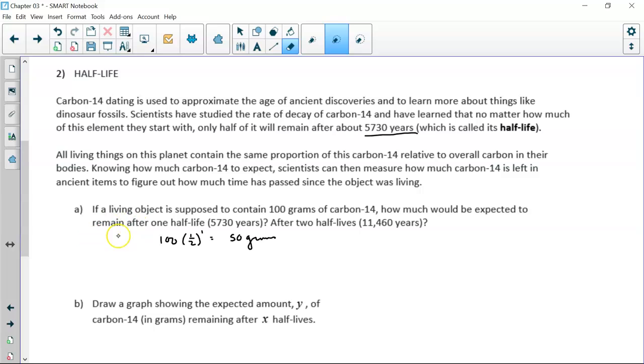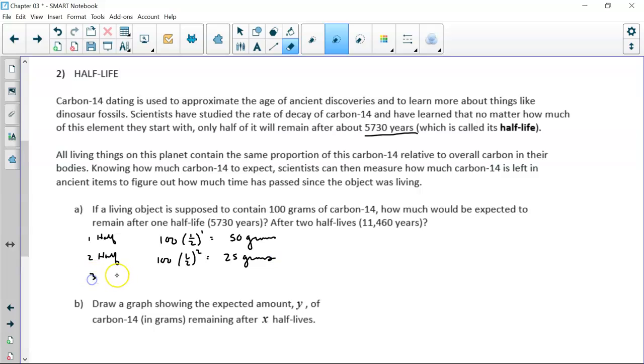Now, in two half-lives, you'd have 100 times 1/2 squared for that two half-lives. So 100 times 1/2 squared would be 25 grams.